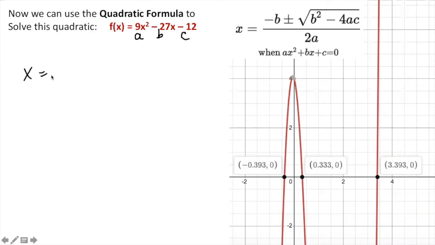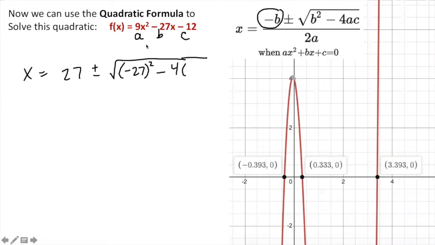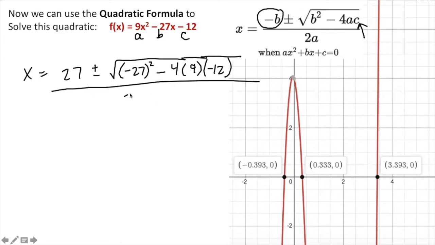X equals, right here we're at the opposite of B. So the opposite of negative 27 is positive 27, plus or minus a big old radical square root, B squared, which would be negative 27 squared, minus 4 times the A term, which is 9, times the C term, which is negative 12, all over 2 times A again being 9.